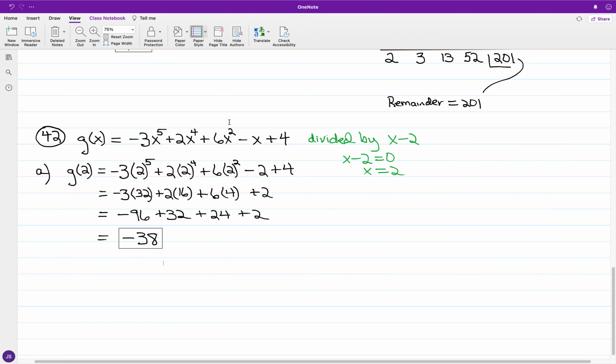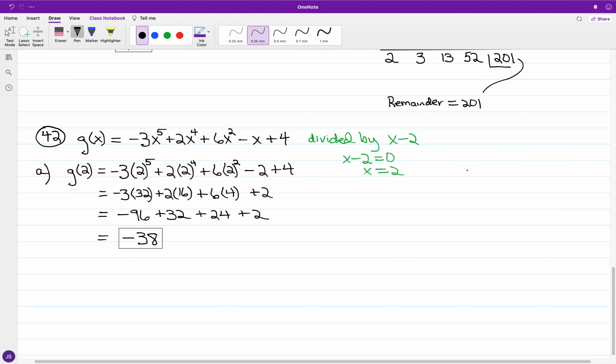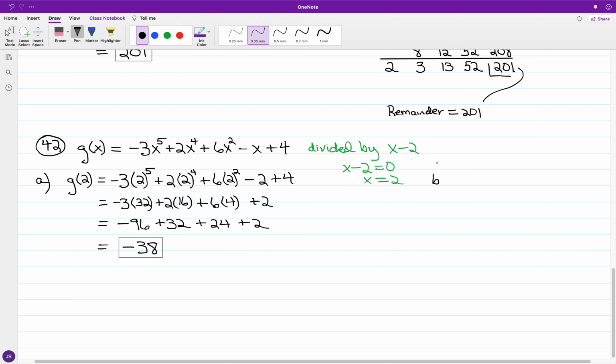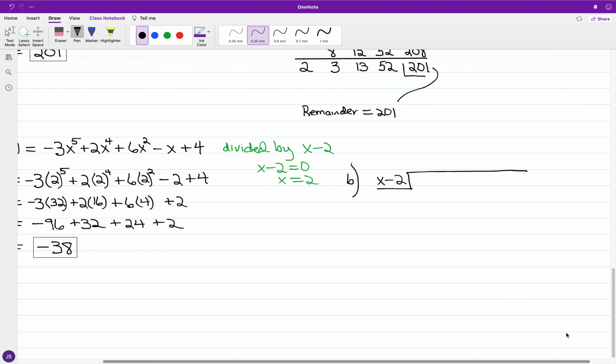And for the synthetic division, all right, so you have x minus 2, you have again negative 3x to the fifth plus 2x to the fourth plus 6x squared.